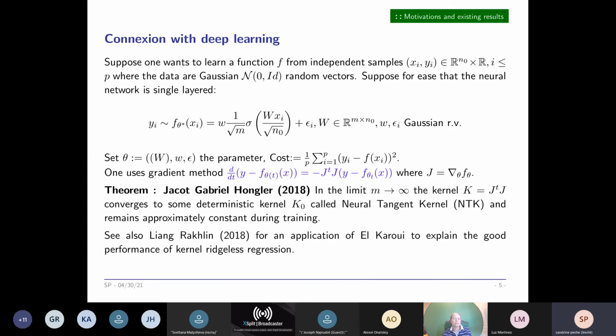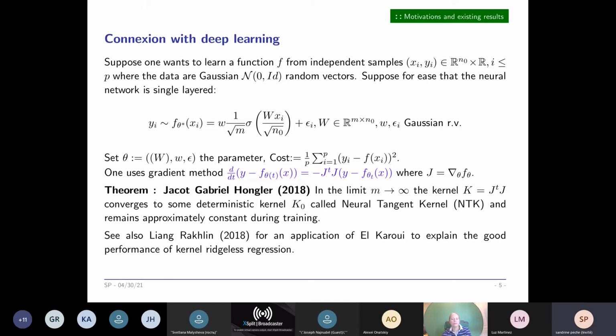And what is important in the proof is that in the limit m goes to infinity, the kernel K, which is J star J, where J is simply the gradient of the function f theta, converges to some limiting kernel K0, which is called the neural tangent kernel, and it remains approximately constant during training.